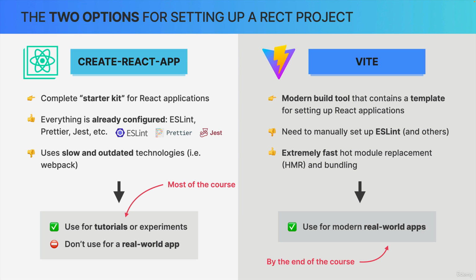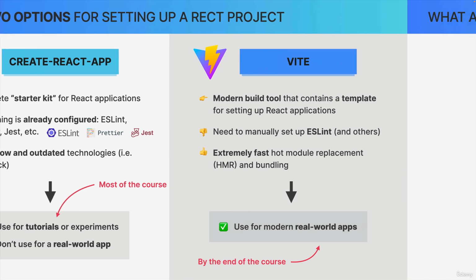Because when you have to wait 1 or 2 seconds for each page refresh, it can become really annoying over time. But with Vite, the page will update almost instantly each time that we save our code and want to see the changes on the screen. So, in summary, we will use Create React App for most small apps in this course, and then move to Vite for the last 2 or 3 projects to make them a bit more real world and more modern as well.